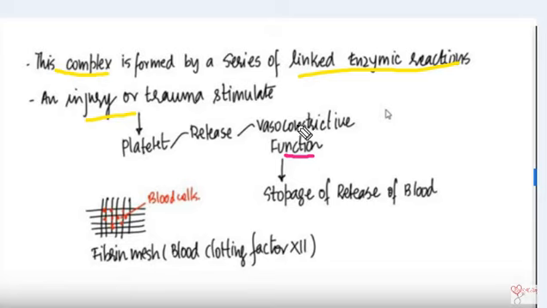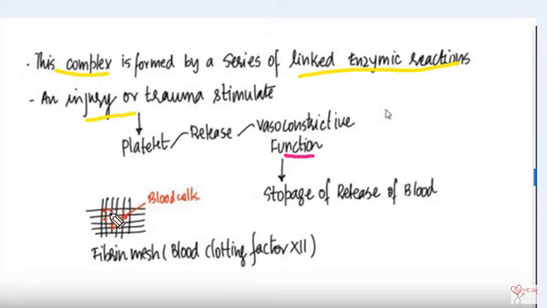This is called the vasoconstrictive function. That means when we get injured, our platelets release the vasoconstrictive function, that is, it stops the release of blood. So platelets are mainly responsible for coagulation of blood.